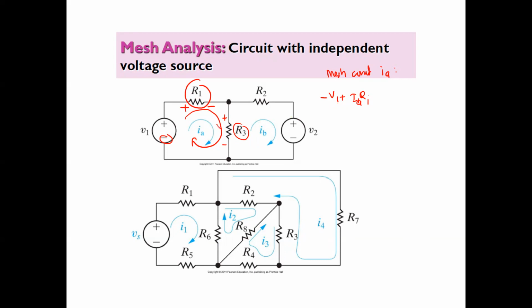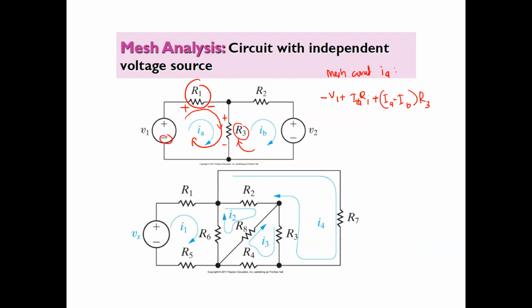The first one is IA, in this direction from positive to negative, and the other is mesh current IB, which flows from negative to positive. Since we are concerned with mesh current IA, we have IA minus IB multiplied with the resistor.